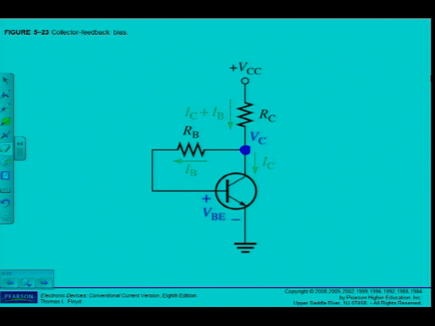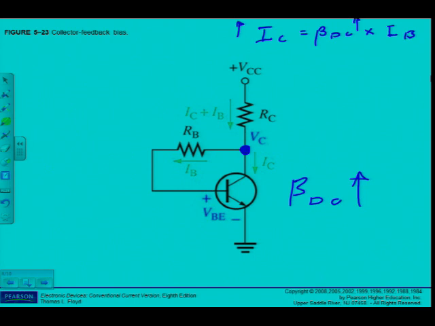So say, for instance, beta DC increases because of temperature in this specific circuit. What do I know? IC is equal to beta DC times IB. Now you've seen that beta DC increases. What's going to happen to IC? IC is also going to increase.